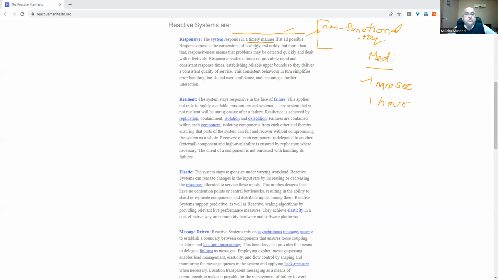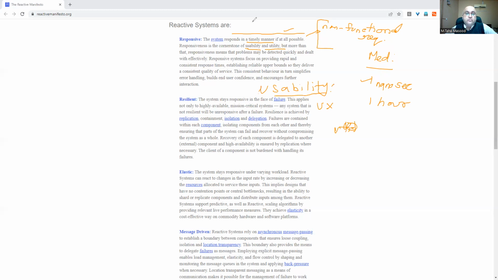Responsiveness is the cornerstone of usability and utility. All right, so what's the difference between usability and utility? So usability is basically the user experience or the UX that a user has when using a software. And utility, of course, is the value, right?